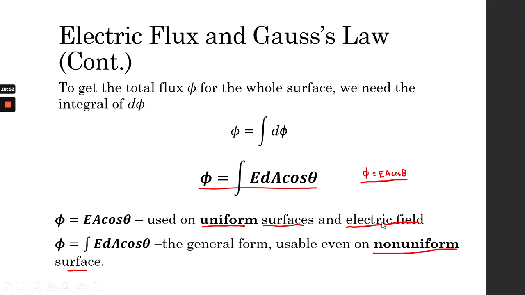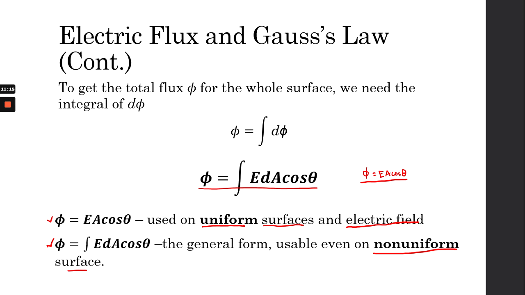So make sure that the electric field is uniform. So the main difference between the integral form and the vector form is that the vector form can only be used if your surface is uniform, meaning it doesn't have a bump, it stays the same shape all over, so you have a square all over.